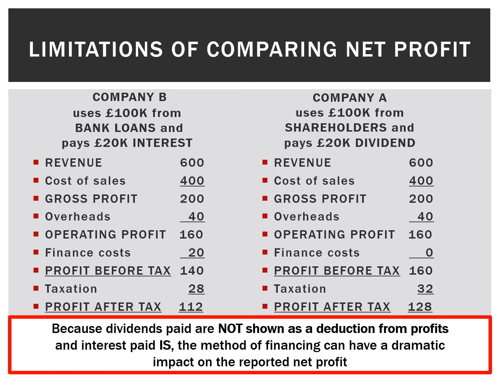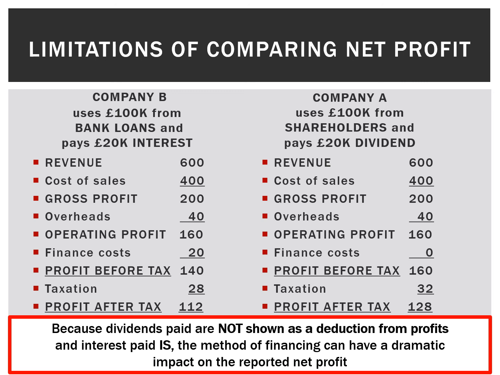Revenue, cost of sales, overheads are all the same, and so the operating profit is absolutely identical. But that's where the similarity stops, because, as the slide says, bank interest paid is shown in the profit and loss account as a finance cost, and it's deducted in arriving at the final profit.